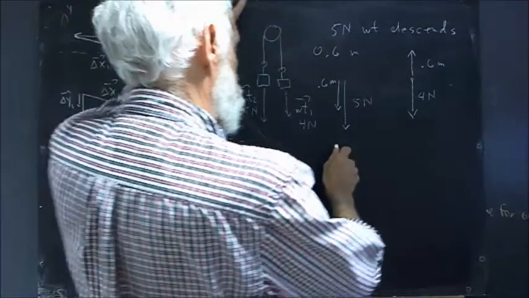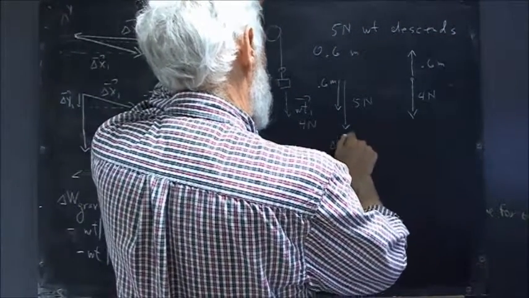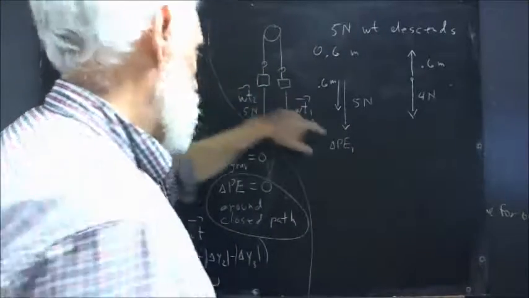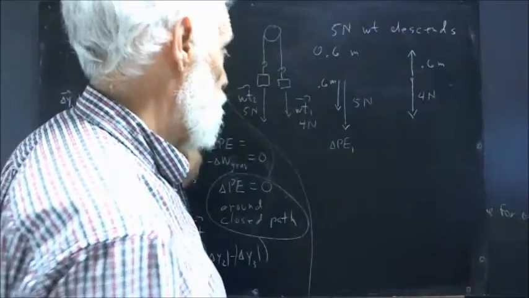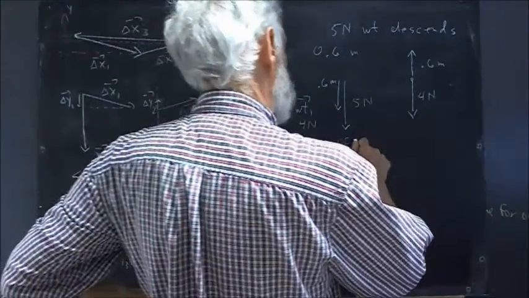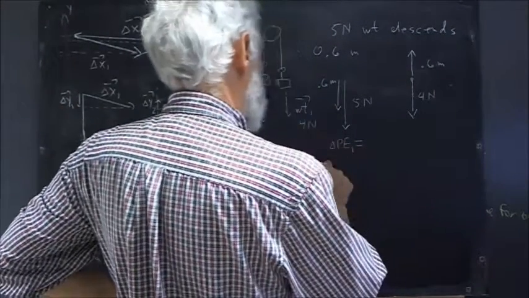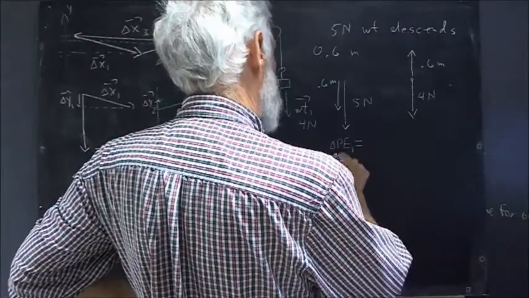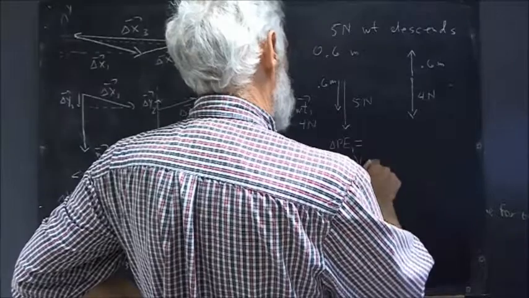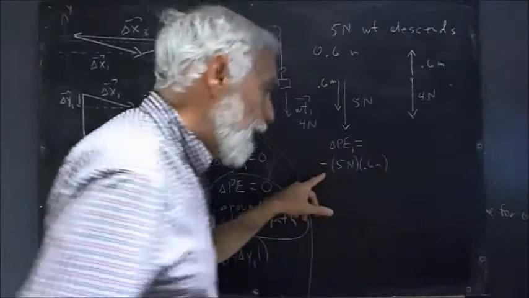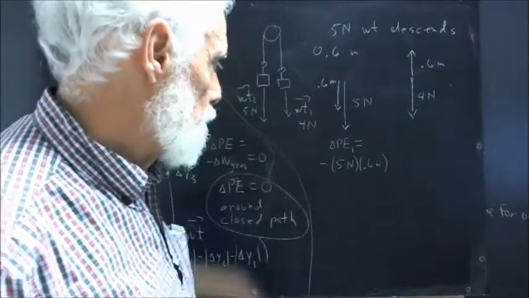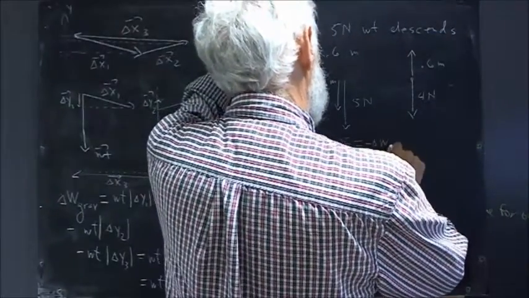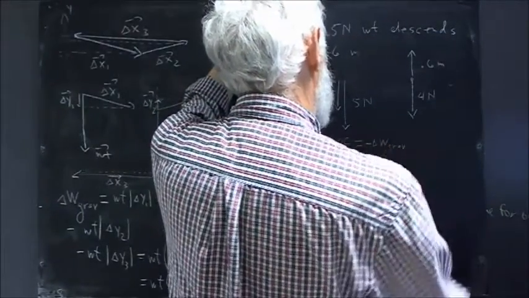So the delta PE 1, which we'll implicitly use to label the change of potential energy here, equals the negative of the 5 newtons times the 0.6 meters. Negative because the potential energy change is the negative work done by gravity.